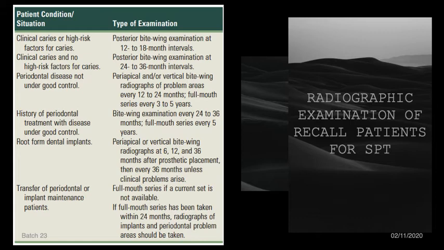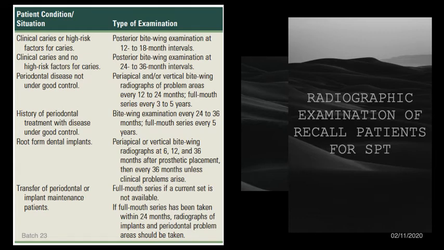If the patient has periodontal disease, you have to take a radiograph every year. If the patient has a history of periodontal treatment and is still under good control, you can extend the frequency of radiographs to 2 to 5 years.